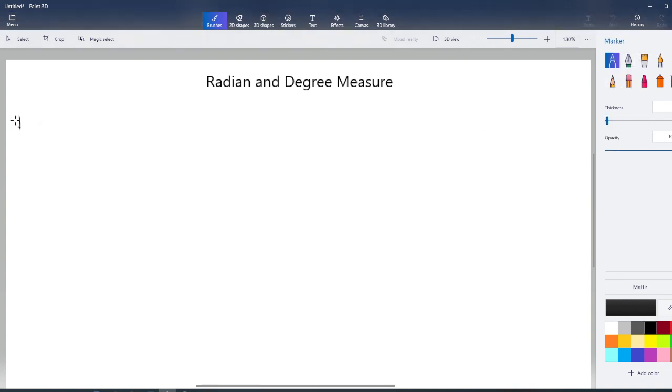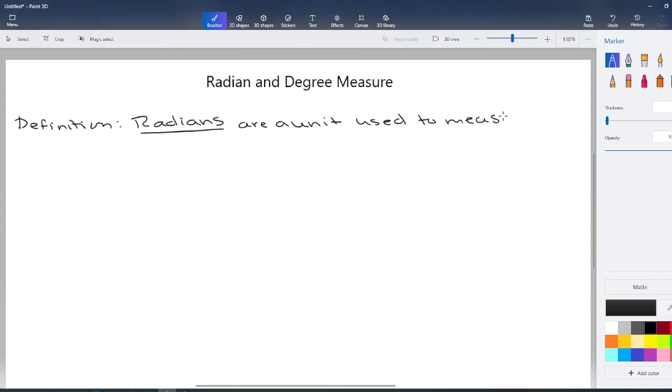We would say that radians are just a unit used to measure angles.